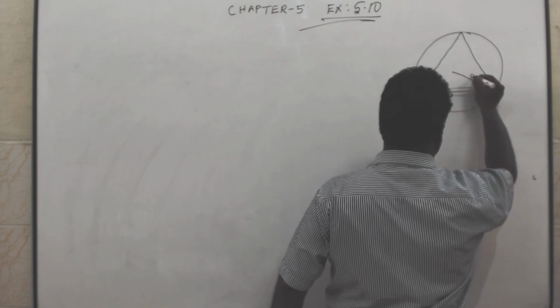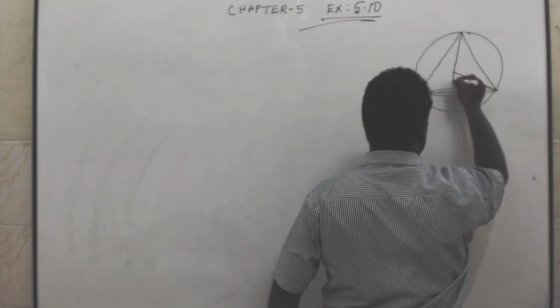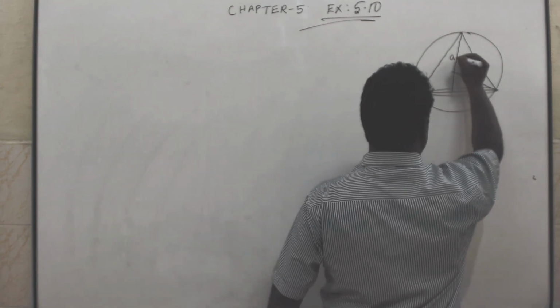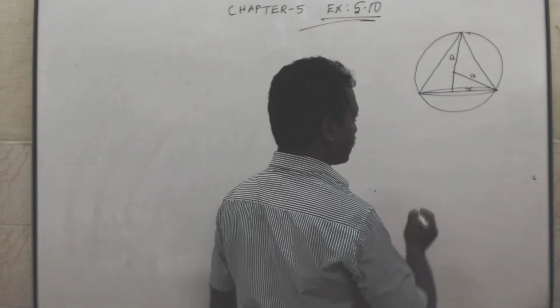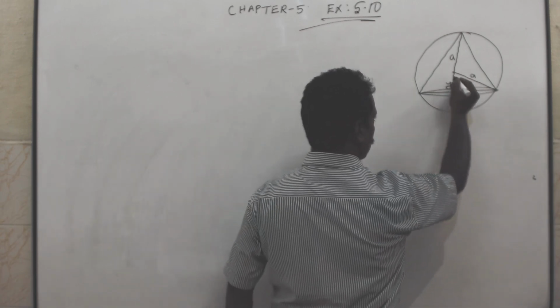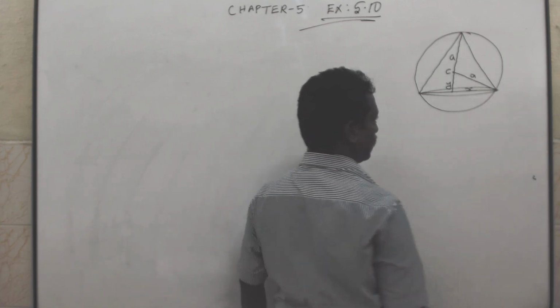Radius A, the height of the cone, this is A, the radius of the cone X, this height we don't know, Y, center C.